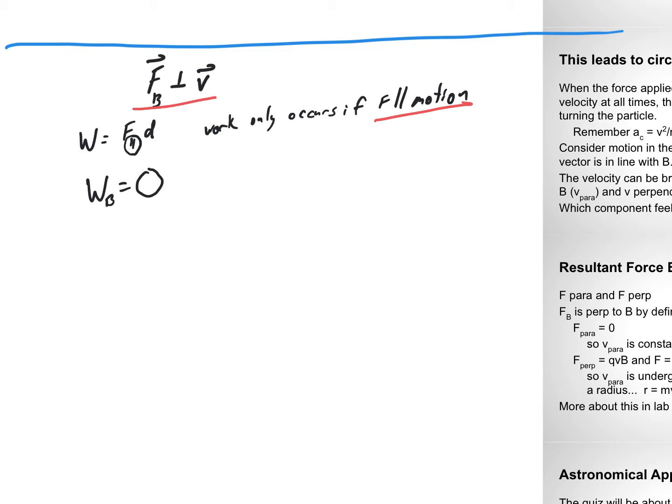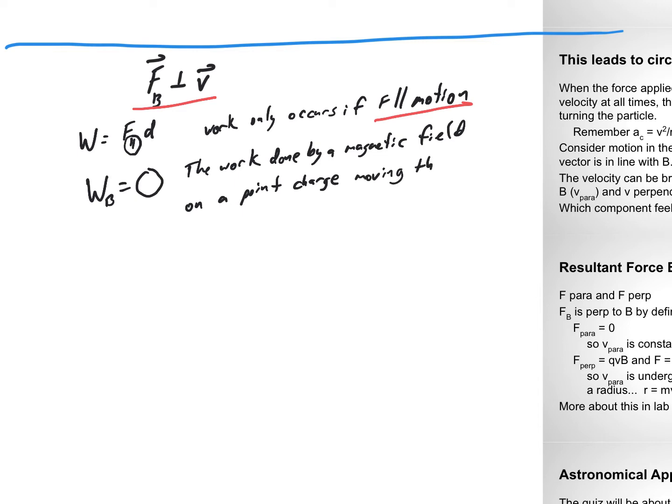More specifically, the work done by a magnetic field on a point charge moving through a magnetic field is always zero.